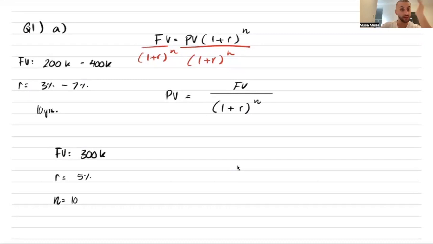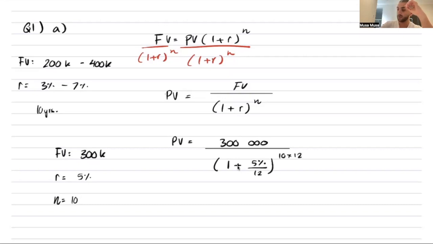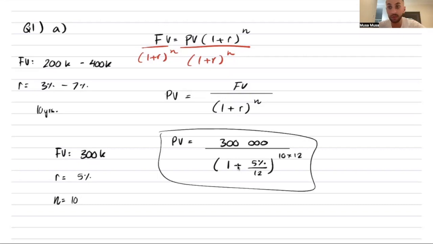So how would we set up this formula? Well, we'd say present value is equal to 300,000 over 1 plus my rate of 5% per annum, divided by 12, to the power of 10 times 12. I want you to keep this in mind because we're going to be building our spreadsheet to find the same answer.